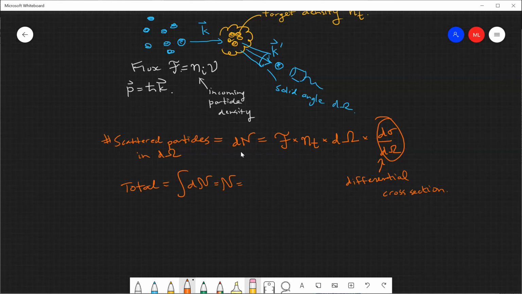That'll just be the integral over d omega, all the different directions that the scattered particles can go. You integrate over all of them, and you'll get the flux times the target density times sigma, where sigma is the integral d omega d sigma d omega. And that gives us the total cross section. It's just the integral over all the solid angles of the differential cross section. That's the total cross section.